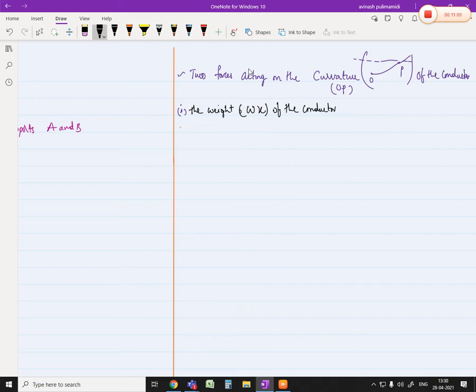The weight of the conductor acting at a distance.